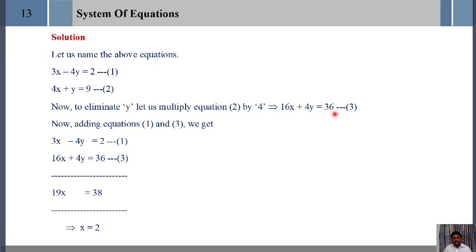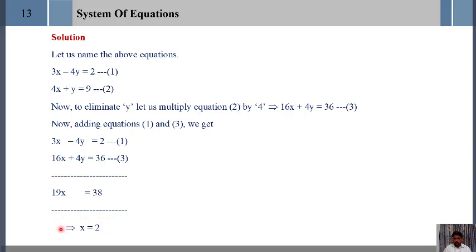Now simply adding equation 3 with equation 1, we get 19x, and the addition of minus 4y plus 4y cancels each other, and the addition of 2 with 36 is 38, therefore x equal to 2.